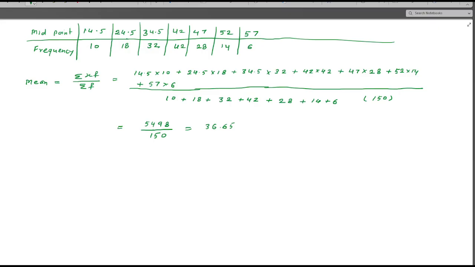Let us once again calculate. You should cross verify that whatever you are doing is perfect. Sometimes we omit some detail. 14.5 times 10, 24.5 times 18 plus 34.5 times 32 plus 42 times 42 plus 47 times 28 plus 52 times 14 plus 57 times 6.